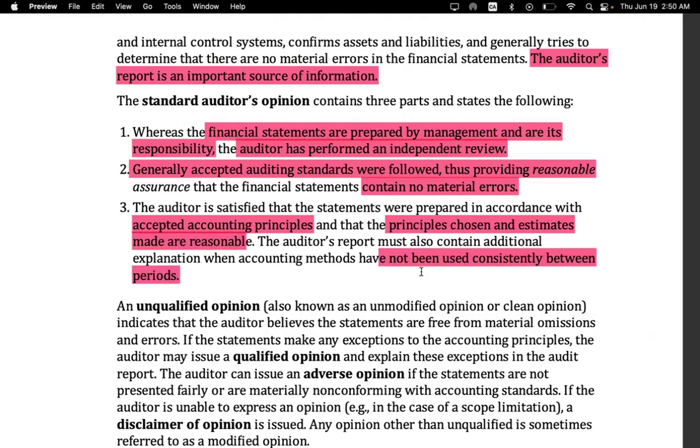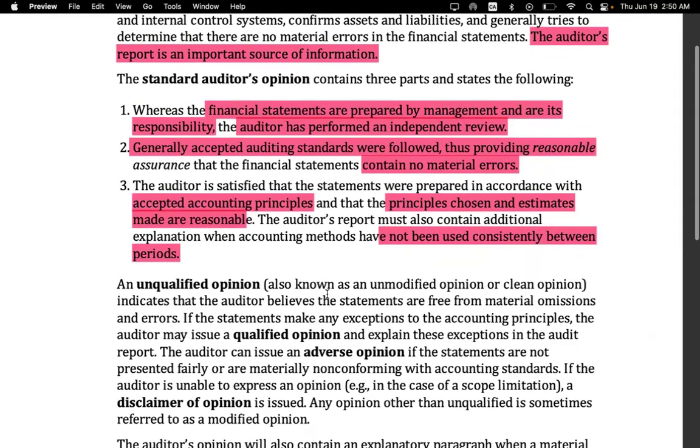Number two is generally accepted auditing standards were followed, and we can provide reasonable assurance that the financial statements contain no material errors. Number three is generally accepted accounting standards were followed. Principles chosen, estimates, they were all reasonable. And then the auditor report must also explain when accounting methods have not been used consistently.